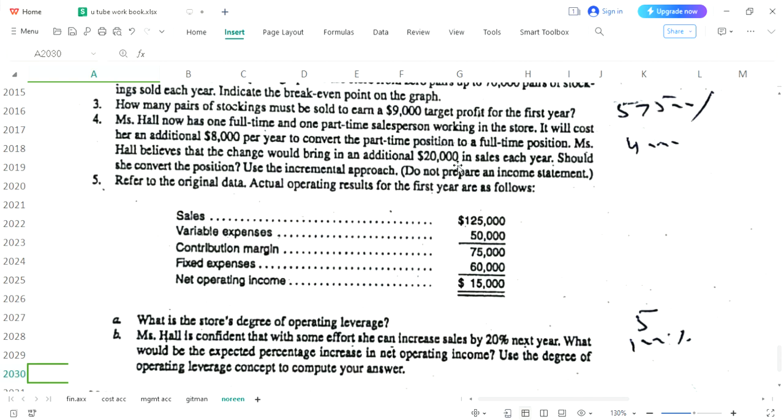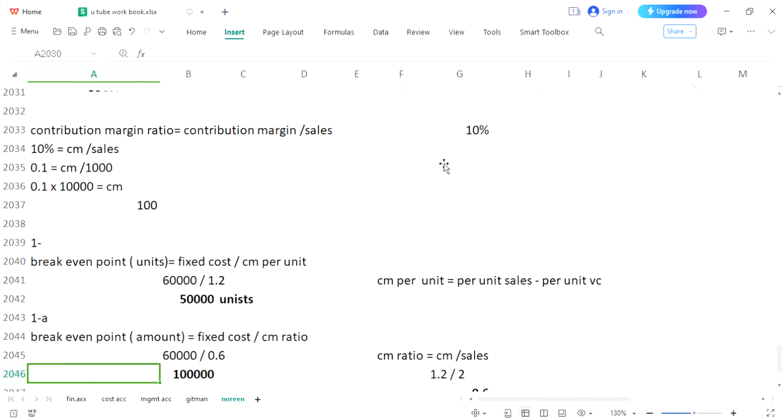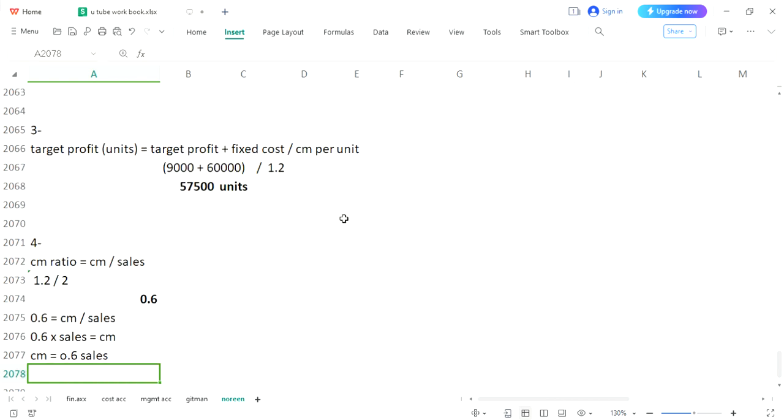So if this is sale, how much contribution margin would it have? For that we have concluded a new formula. Contribution margin is equal to 0.6 sales, particularly and specifically for this question. So sale is 20,000, 0.6, and we are putting sale which is 20,000.